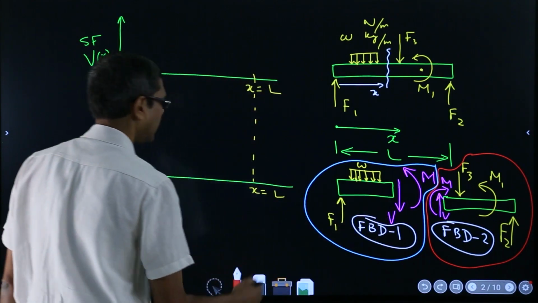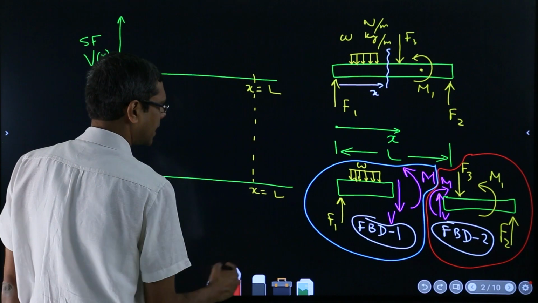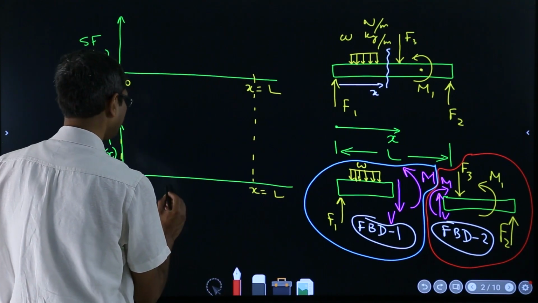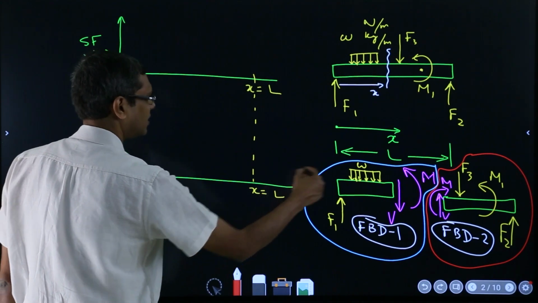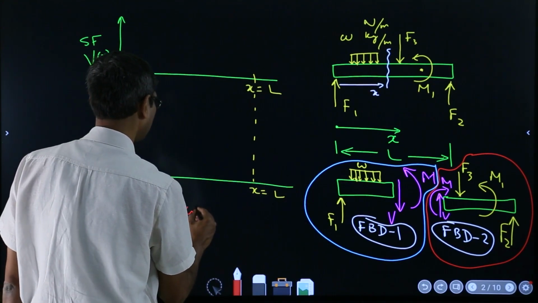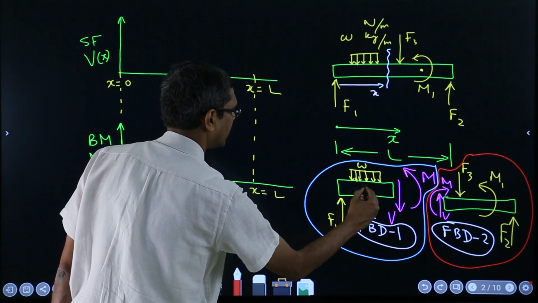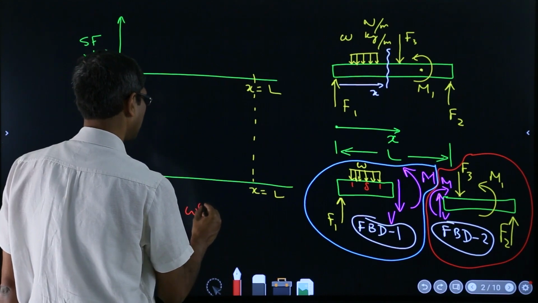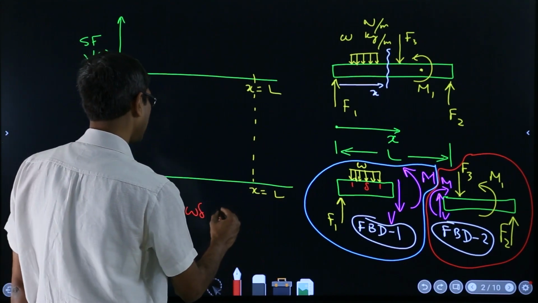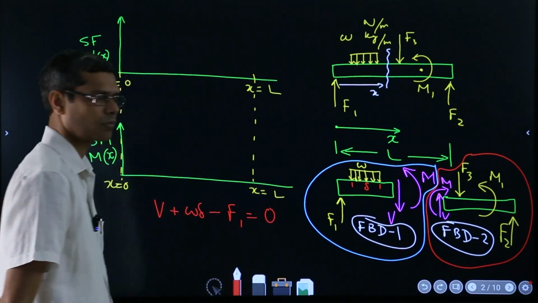You will write the equation of equilibrium, which will tell you that say the V plus W times whatever this length is over which it is acting, suppose it's delta, so then W times delta and minus F1 is 0. Okay.